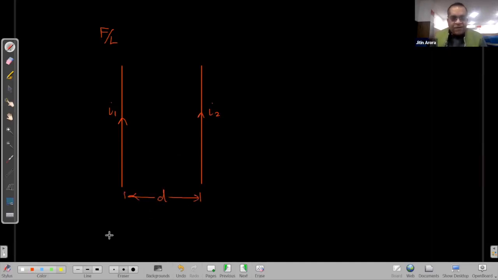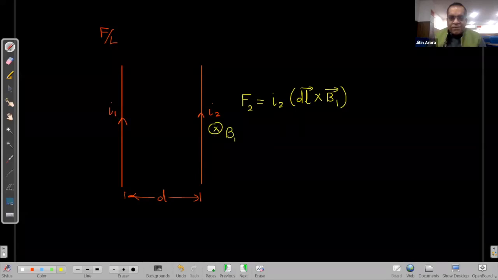So if I have to find the force on this particular wire, wire 2 because of wire 1, so I'll say that force on wire 2 is equal to I2 dl cross B. And B will be due to wire number 1. So wire 1 की वजह से magnetic field यहाँ पे अंदर की तरफ होगी. This is the magnetic field due to wire 1.